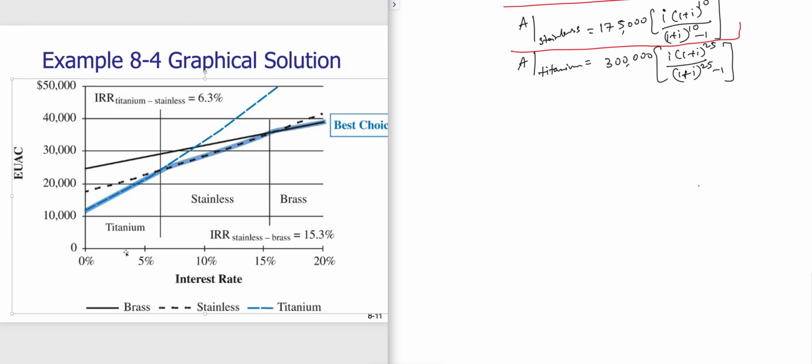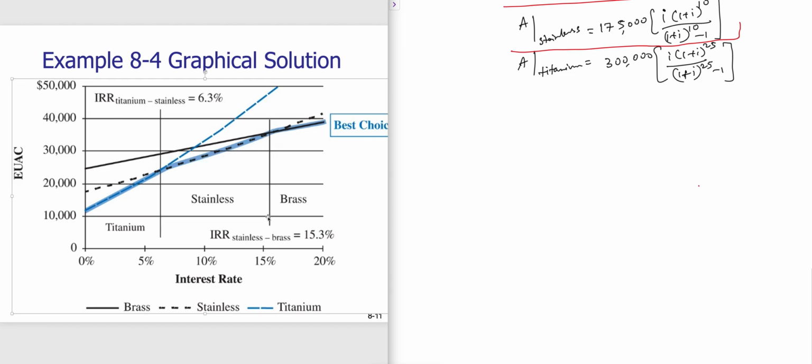Between 0 and approximately 6%, this titanium, which is given by blue dots, seems like that is better. But between 6 and 15 or 15.3%, seems like black dots. Black dots means stainless steel.